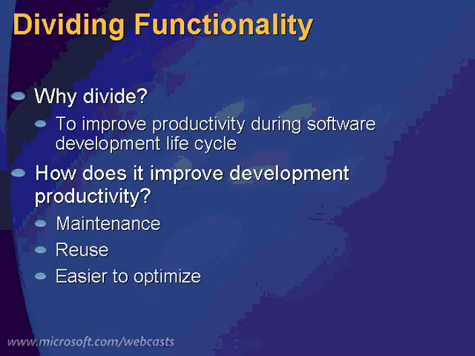That's when we really start to take advantage of dividing this functionality into multiple tiers, and that's when we really start to see an increase in productivity when we're building out our various applications to use across web applications, across other line of business applications within our organization.